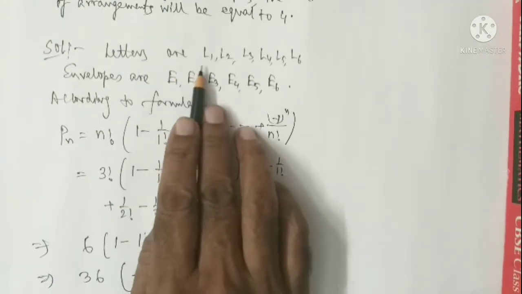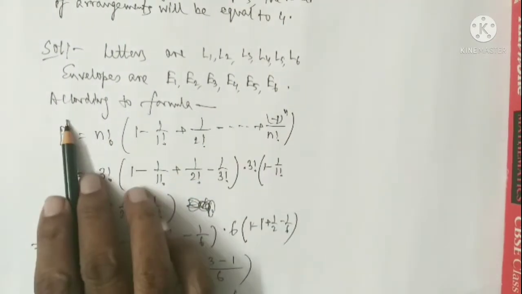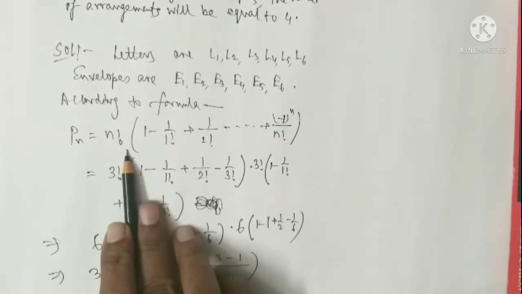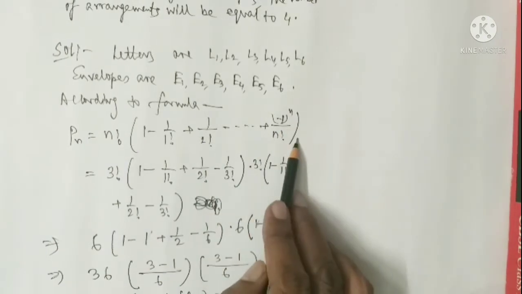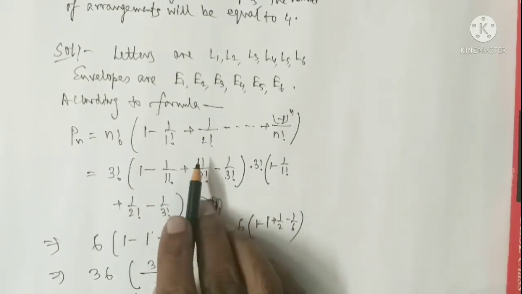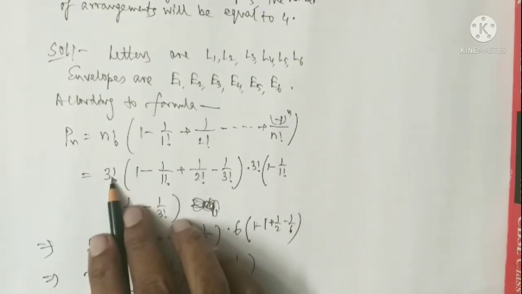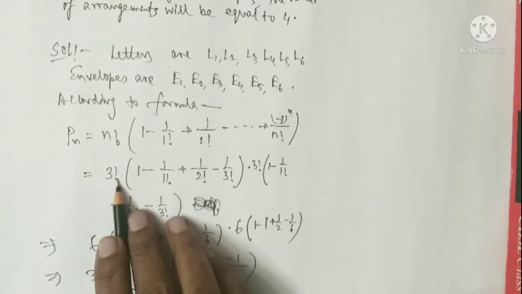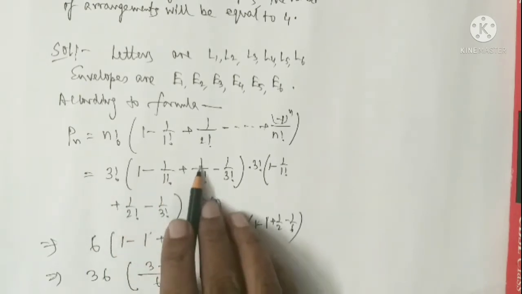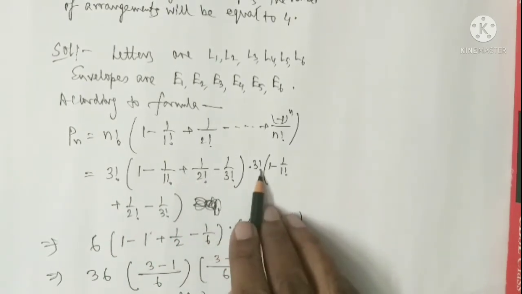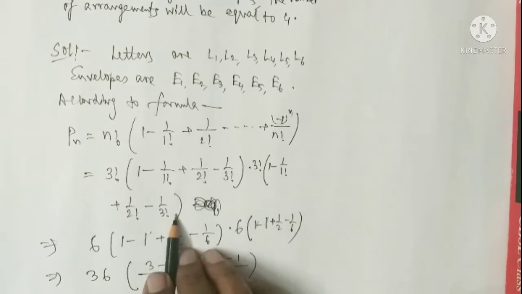Letters are L1 to L6, envelopes are E1 to E6. According to the formula, Pn = n! (1 - 1/1! + 1/2! - ... + (-1)^n/n!). Since there are 6 envelopes and 6 letters, with 3 odds and 3 evens, we arrange these 3 odds and 3 evens in this way: 3! (1 - 1/1! + 1/2! - 1/3!) times 3! (1 - 1/1! + 1/2! - 1/3!).